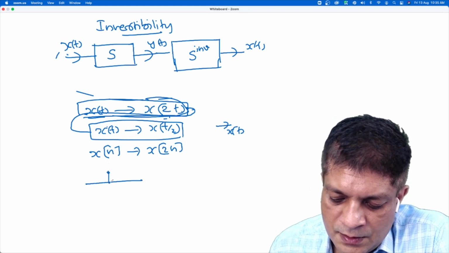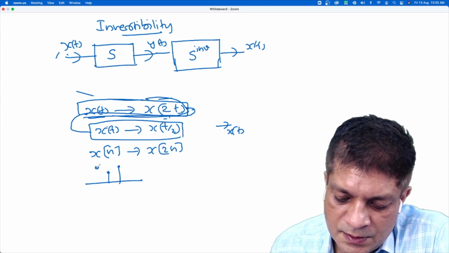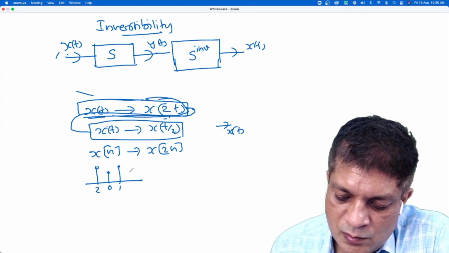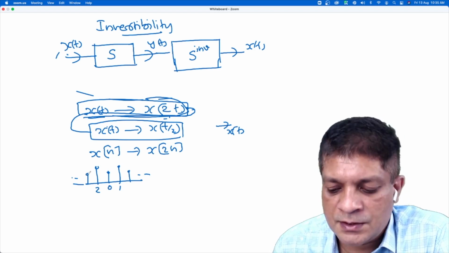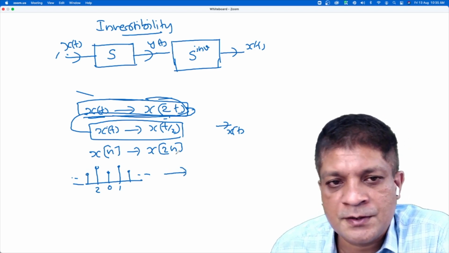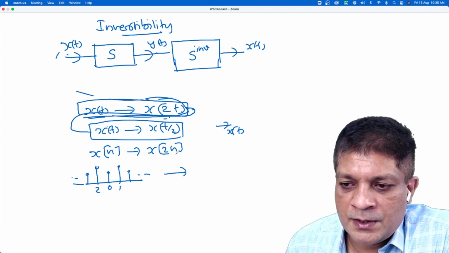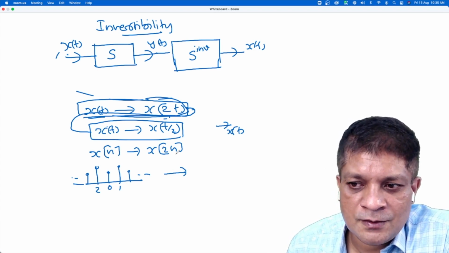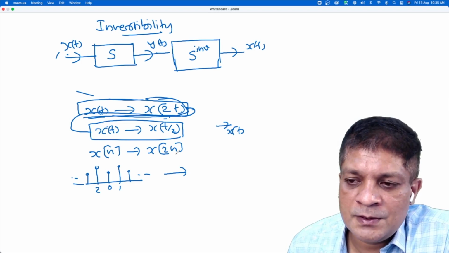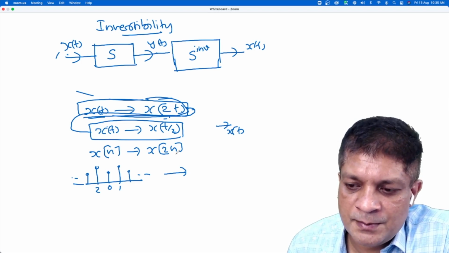Let's say 0, 1, 2 is the input signal. What will be the output? What is this operation? Downsampling by a factor of 2. We keep only which samples? Even samples, discarding the odd-numbered samples.